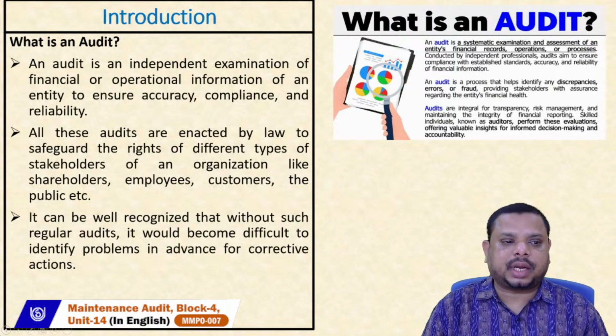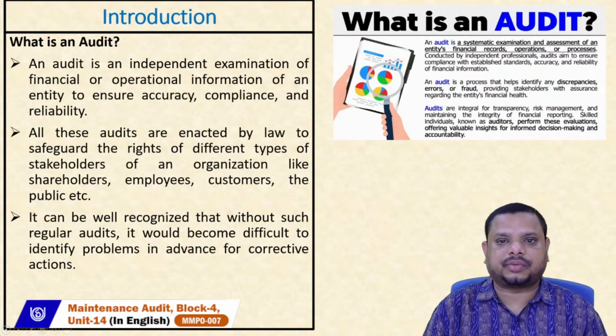The second point is that audits are enacted by law to safeguard the rights of different stakeholders of an organization, like shareholders, employees, customers, and the public. Third, without such regular audits, it would be difficult to identify problems in advance for corrective actions.